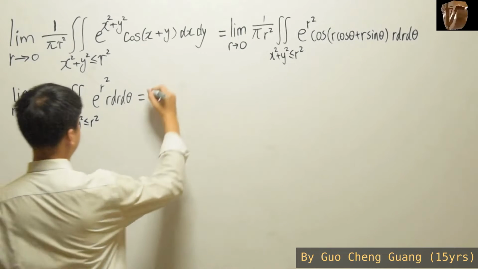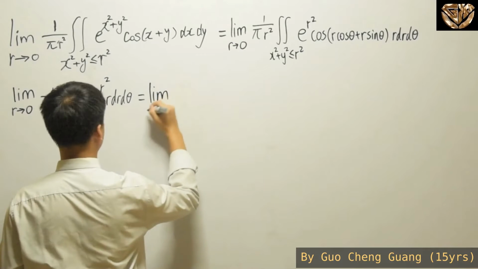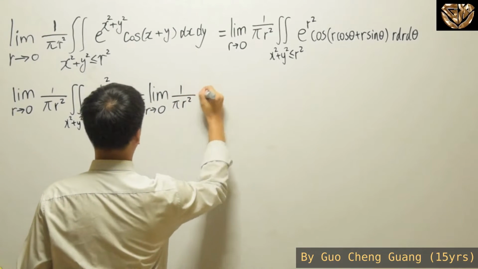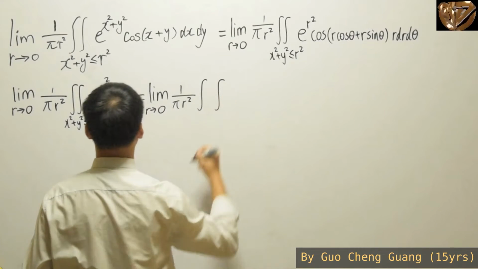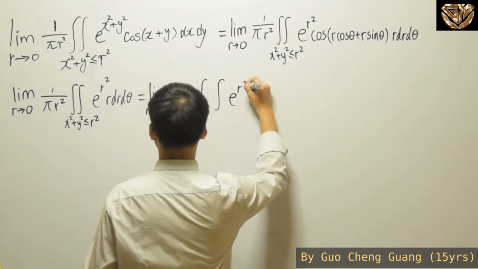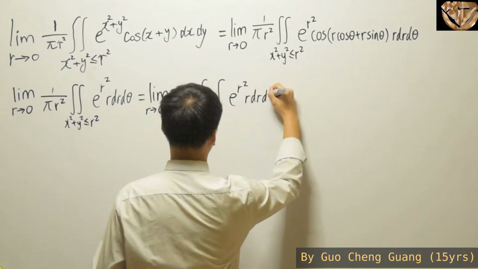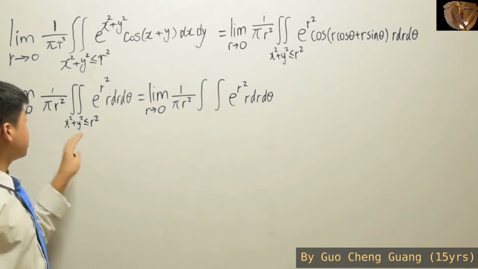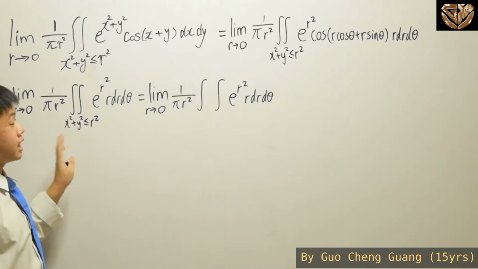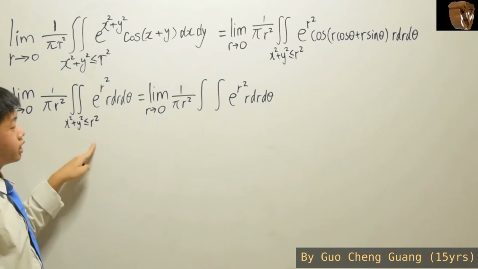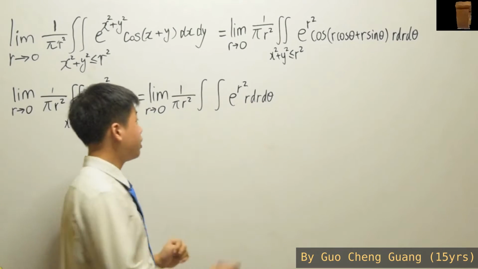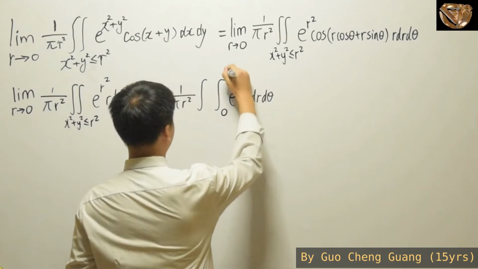Now what can we do with this part? We will just proceed with our normal double integration process. What is this range that you see? It is a circle centered at (0, 0) with a radius of r. So when you integrate with respect to r, it will go from 0 to r.